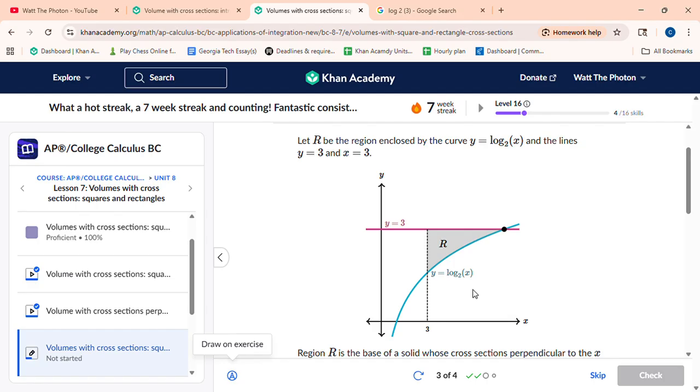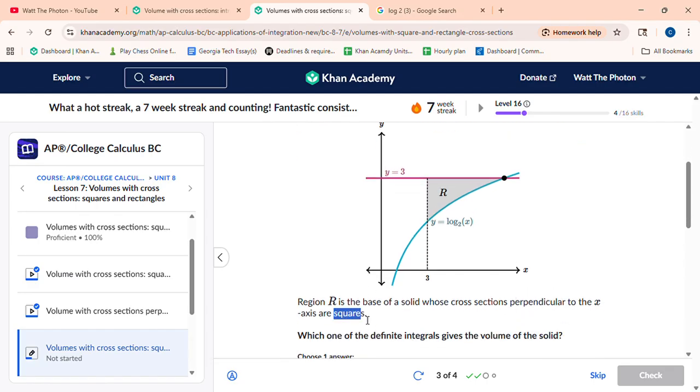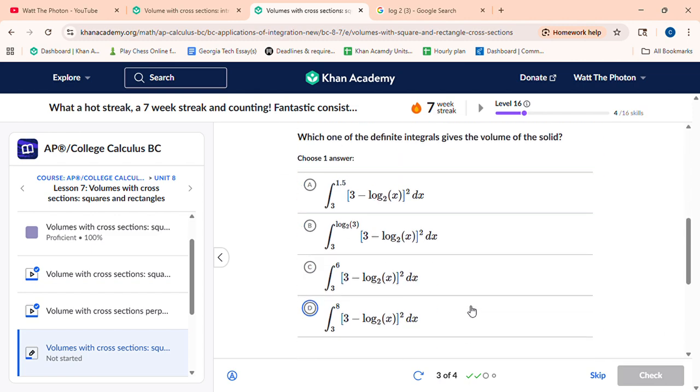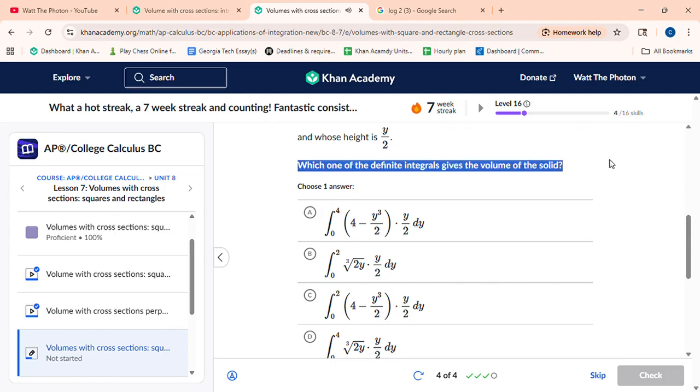Then we have this function, so we'll have 3 minus log base 2 of x. They are squares, so we square this entire function, and it's going to be dx. So the integral from 8 to 3 of (3 minus log base 2 of x) squared gives the volume of the solid.